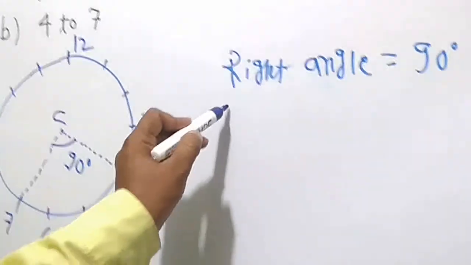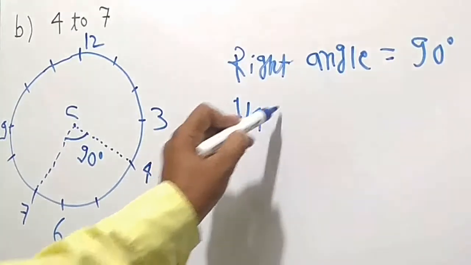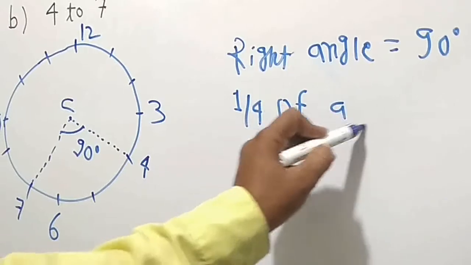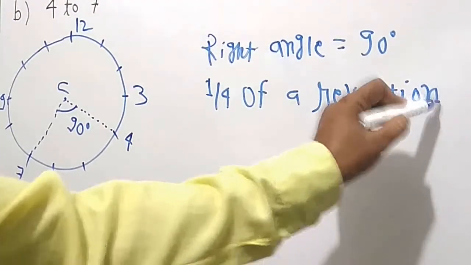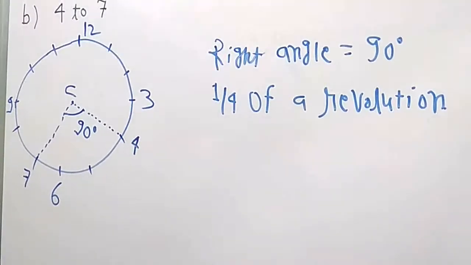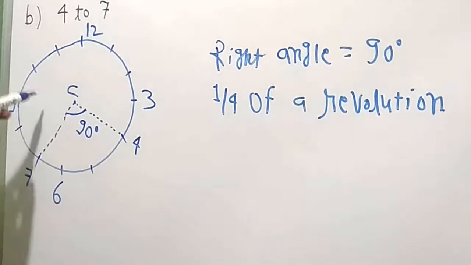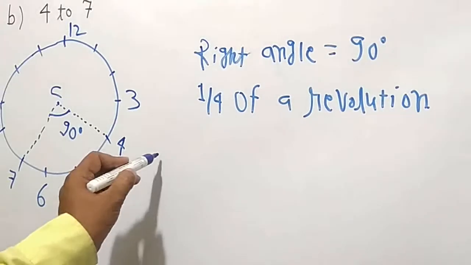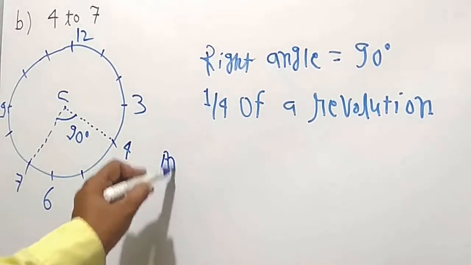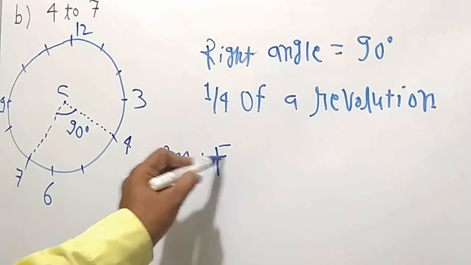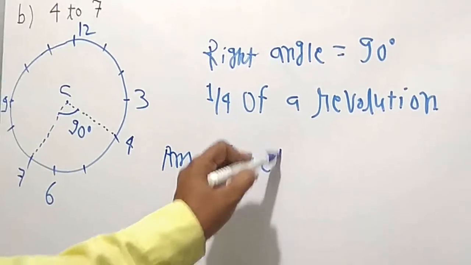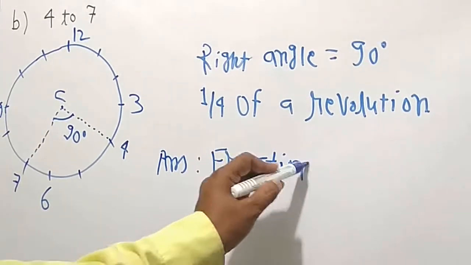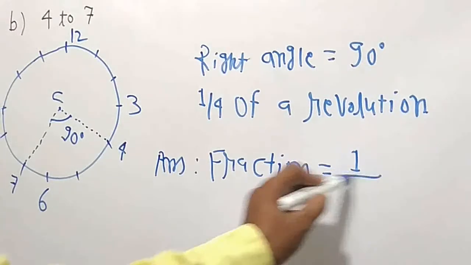It shows 1/4 of the revolution. How many parts are there? It is one part, second, third, fourth. There are 4 parts in this. So we can write in our answer: fraction equal to 1/4.